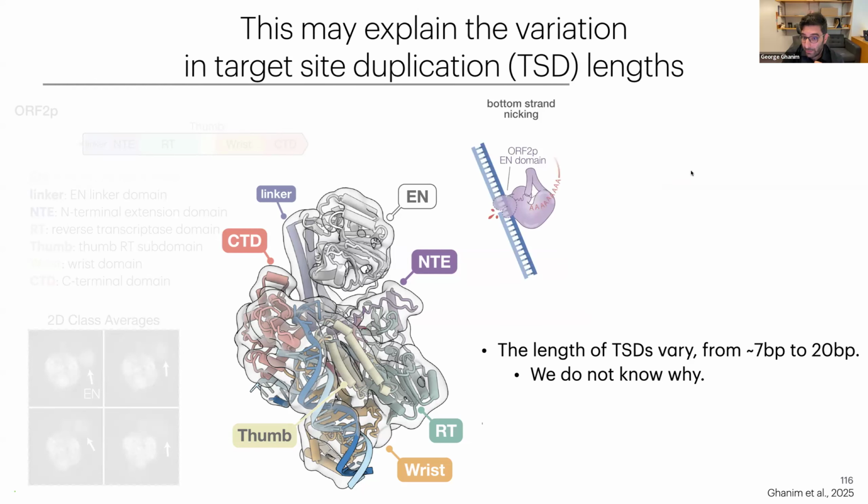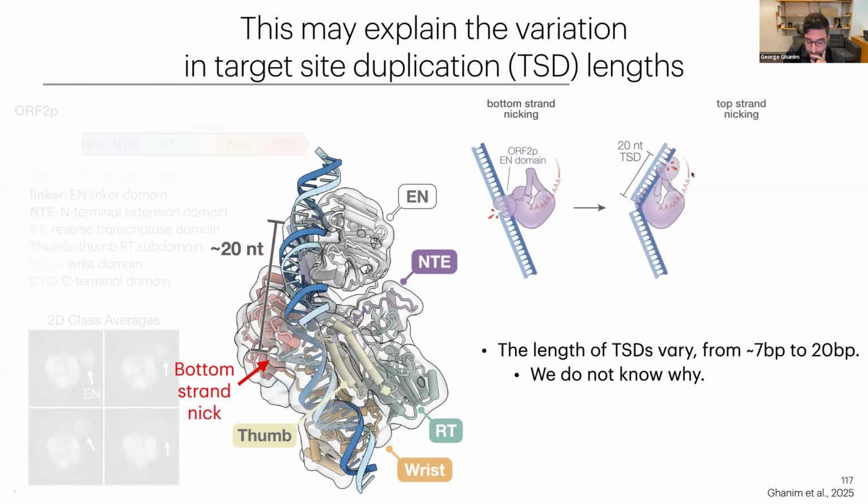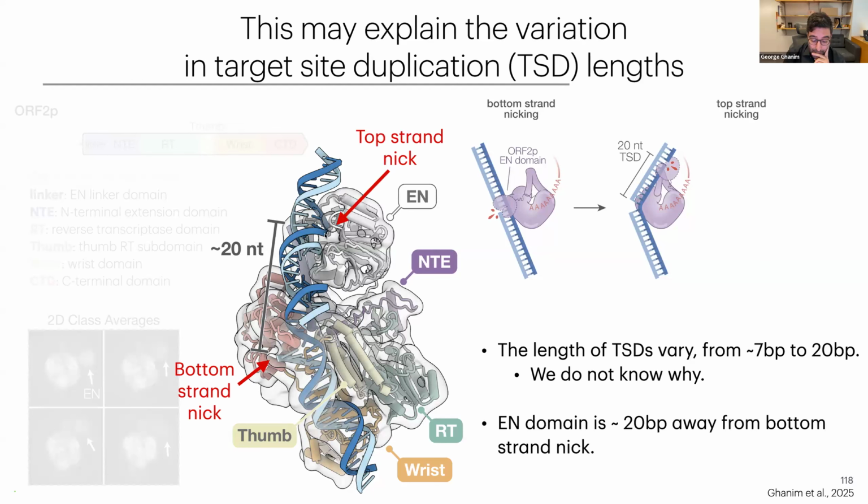We think our results help explain this, because modeling of target DNA that's nicked on the bottom strand into this structure shows that in this configuration, the site of top strand nicking is positioned about 20 nucleotides away. Again, we think this positioning of the endonuclease domain represents some sort of default configuration for top strand nicking.